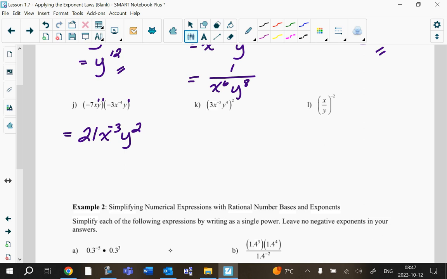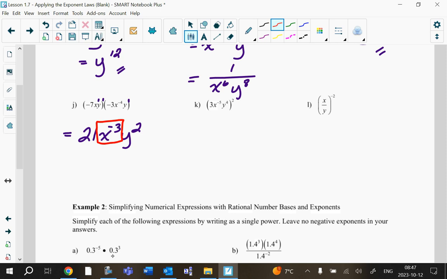Okay, I've got a negative exponent. This whole thing has to move down. This does not move because there's no negative exponent attached to it. This does not move because there's no negative exponent attached to it.